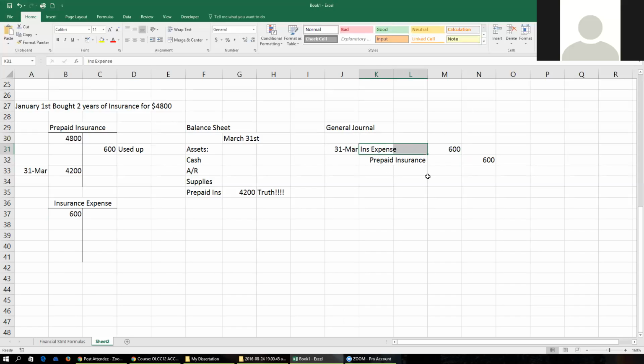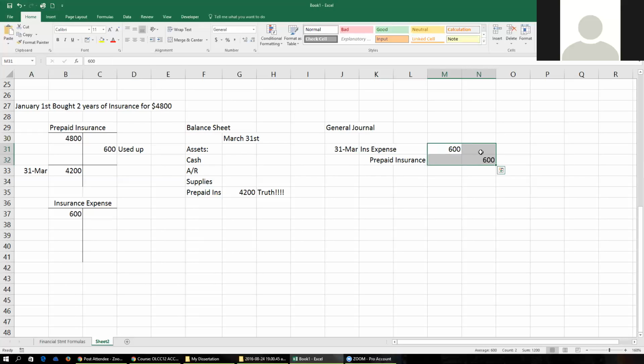You can start setting up some good notes. You've got a handout to help you do it, where you record the accounts. That way, anytime you read a story problem that says, please do the adjusting entry for prepaid insurance, you already know the name of the account to be debited and the name of the account to be credited. And then you have to just work through the story problem to find the amount of used up insurance.